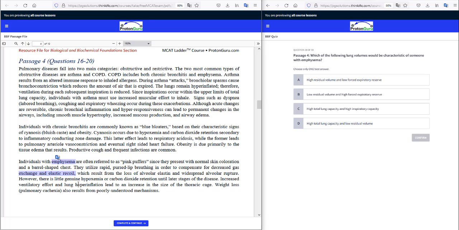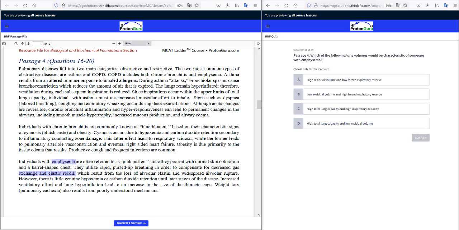So even with increased muscular effort, the widespread loss of recoil would prevent normal volumes of air from being forcefully expired. That low forced expiratory reserve would lead to a higher residual volume, and the total lung capacity would be increased, but the increased residual volume and expiratory reserve would decrease the inspiratory capacity.